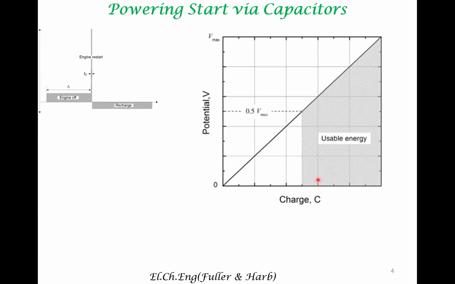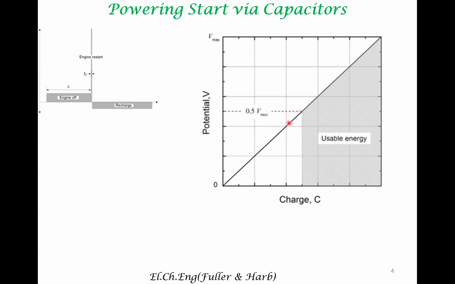So not all the charge can be obtained from a capacitor, because as you discharge the capacitor, the voltage gradually comes down, and you do not want to be operating the capacitor below a particular voltage. So typically you operate the capacitor down to, let's say, 0.5, half of the maximum voltage.